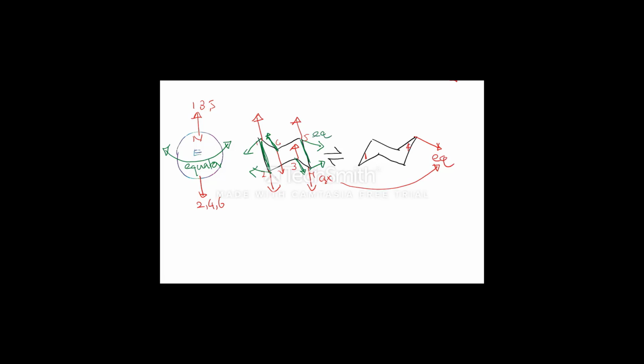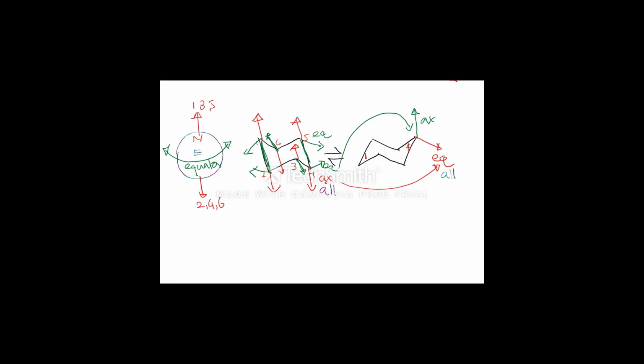Also, the equatorial green on the fourth carbon should become axial. So simply, each axial will be equatorial, each equatorial will be axial after the ring flip. Learn one point and then you can do the rest. Critically look at it and you can do that.